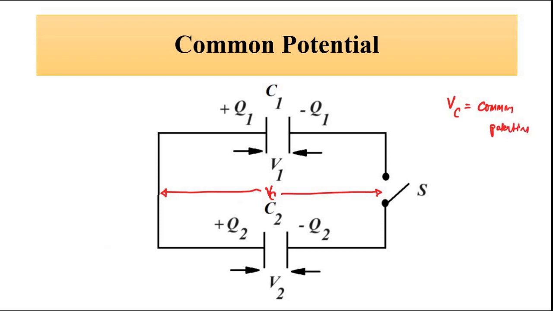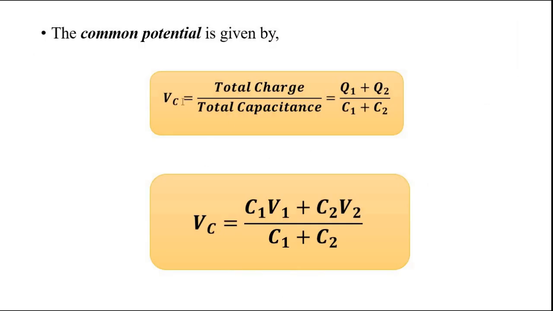The common potential VC is given by total charge by total capacitance, which is equal to Q1 plus Q2 by C1 plus C2. But we know Q is equal to CV, so Q1 becomes C1 V1, Q2 becomes C2 V2. Making the substitutions, we get C1 V1 plus C2 V2 by C1 plus C2. So this is the expression for common potential.